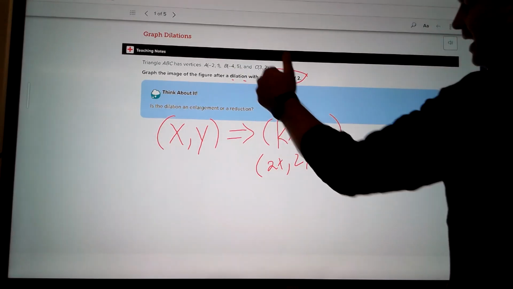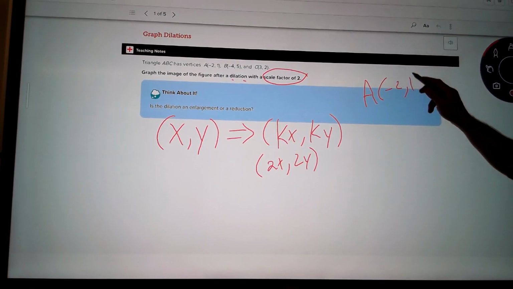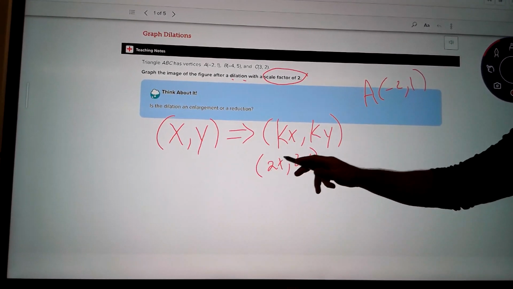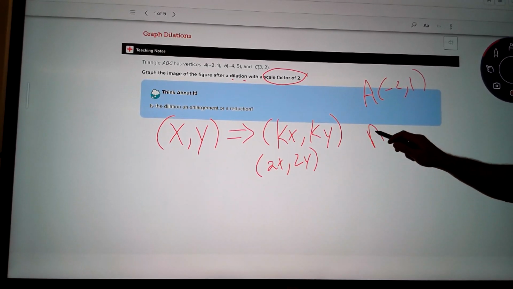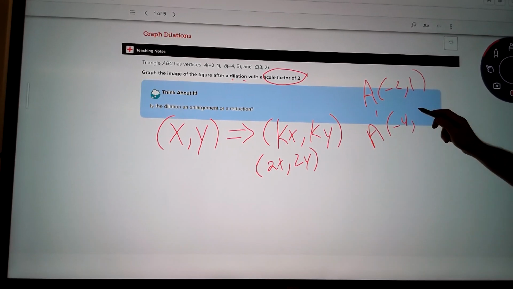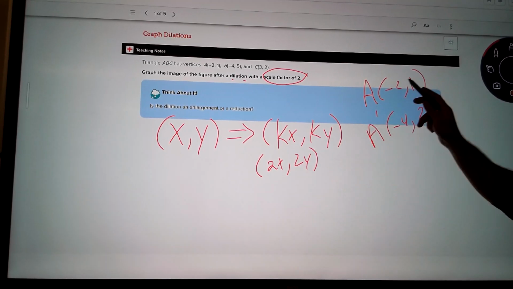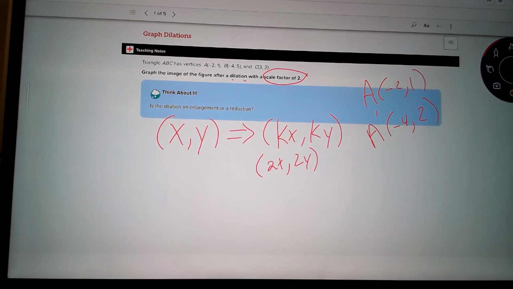So let's just look at A. A started out at -2, 1. If I'm going to take everything times 2, my A prime would then become -4, 2. All I do is take this number times 2 and my y times 2. Pretty simple.